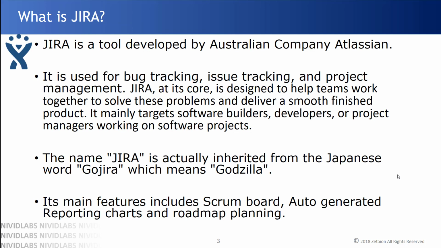So what's all about JIRA? JIRA is a tracking tool developed by an Australian company called Atlassian. It is also used for collaborating between the different teams in the organization, usually in the development process, for builders, developers, project managers.